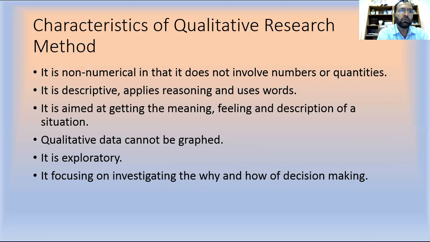One of the other characteristics of qualitative research is to find out the exact meaning, to determine the semantics: how you can represent that meaning, and of course the feeling, how people feel about a particular situation. For instance, let's talk about a transportation problem in urban areas.